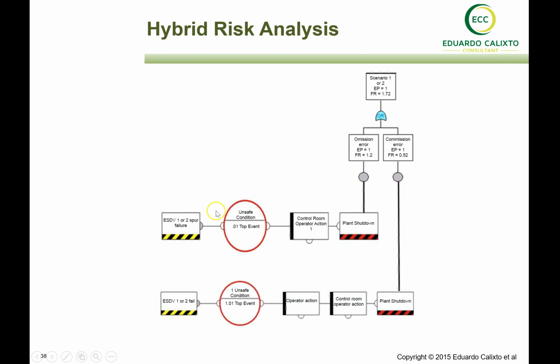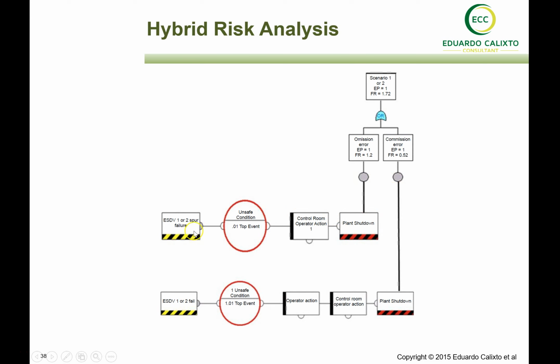And then we can have a hybrid risk analysis. Here we can see an FTA that has a top scenario such as a plant shutdown or an accident in a physical asset, in this case a platform, caused by two human errors, omission and commission error. And this basic event in the fault tree is fed by a bow tie.